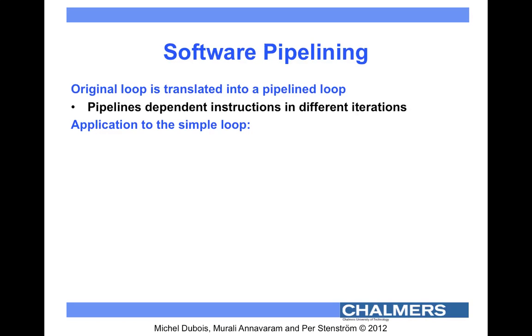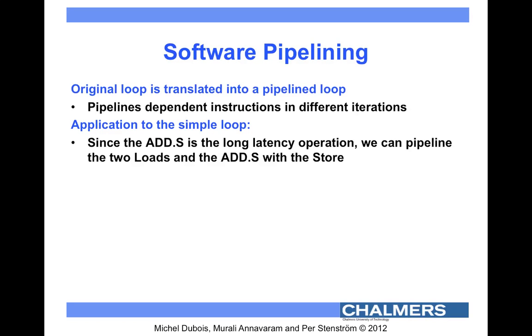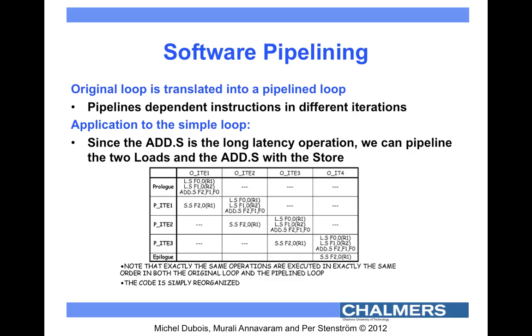Okay, so if we look at the simple loop, since the add is a long latency operation, we want to pipeline the two loads and the add in one iteration, and then the store separately, because that will cause a lot of stall cycles to show up.